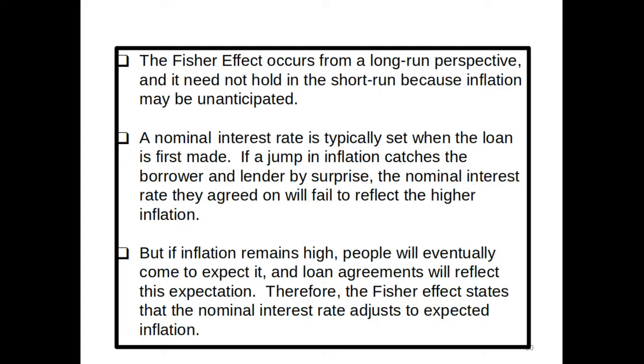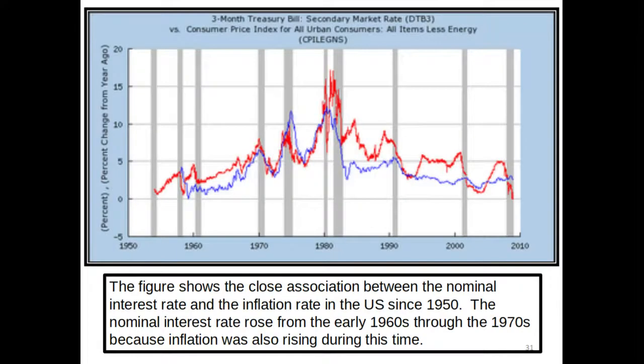So if all of a sudden there's a jump in inflation and it catches people by surprise, the nominal interest rate that they agree on isn't going to have that higher inflation rate in there. But if inflation remains high, people expect it, the loan agreement that people make with their banks is going to increase. So what the Fisher effect says is that nominal interest rate is going to adjust to expected inflation.